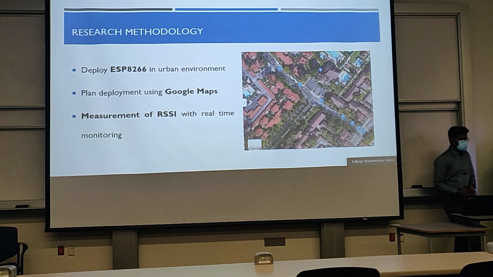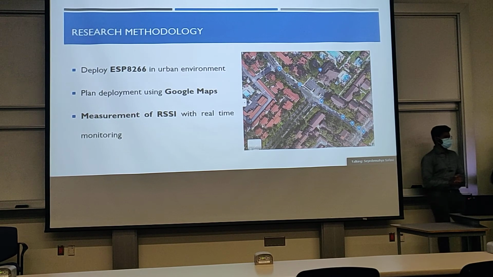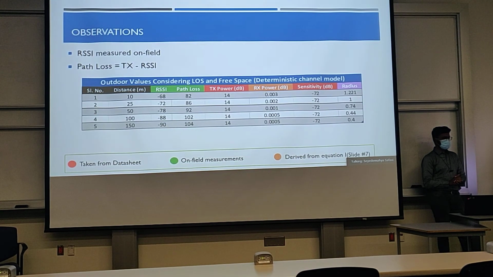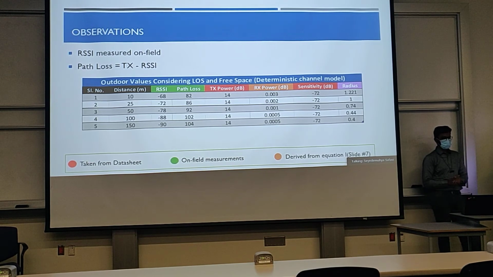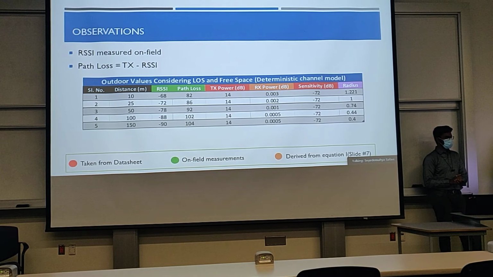And we implemented and deployed the ESP8266 in an urban environment, and using Google Maps, we calculated the distance and measured the RSSI value with real-time monitoring on one of the roads near our home. We observed this table based on the different calculations and distances. First, we calculated the RSSI value at different distances, and from the formula, path loss equals transmit power minus RSSI.